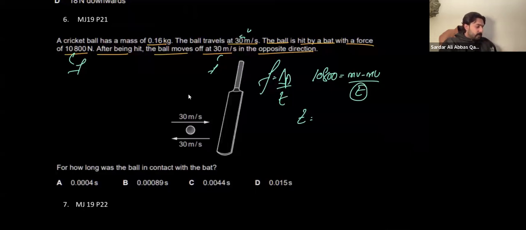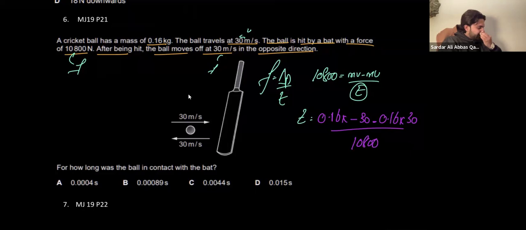So m is going to be 0.16 into minus 30 minus 0.16 into 30 over t. Now what is t over here in this case? We have to find that, of course. So we're just gonna bring 10800 down, okay? Can someone calculate the answer? What does the answer come to?